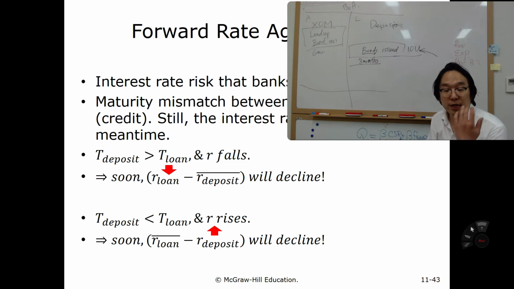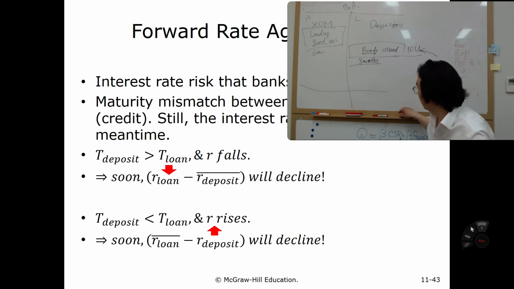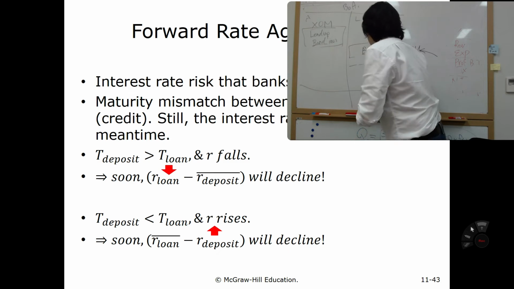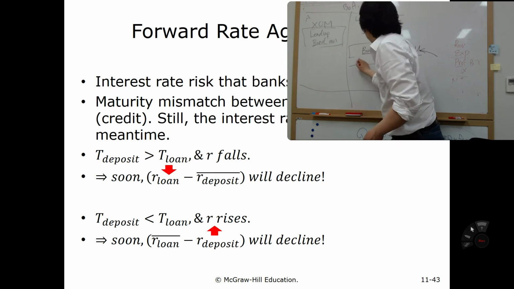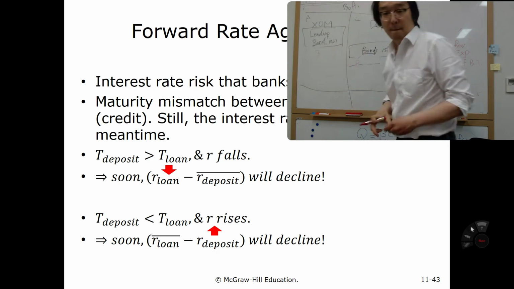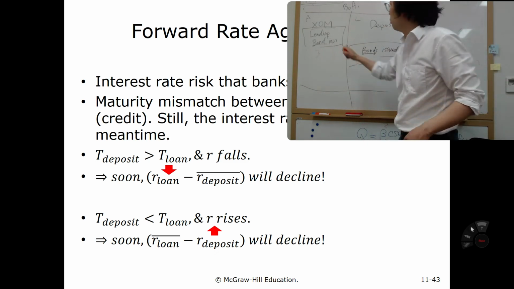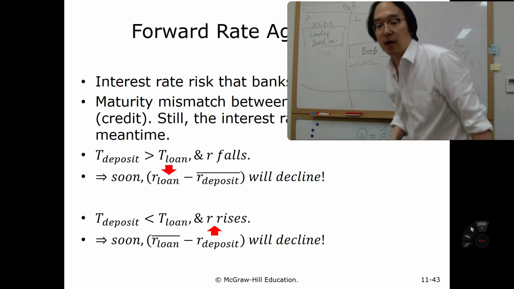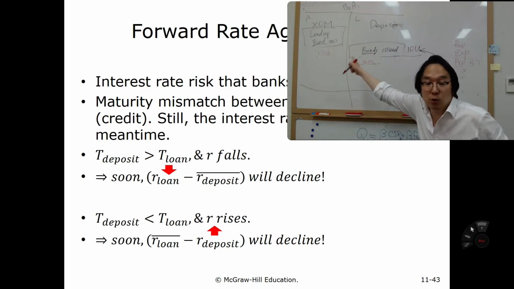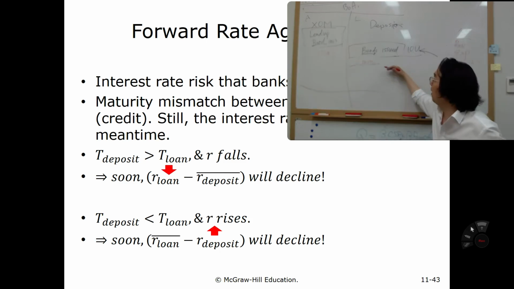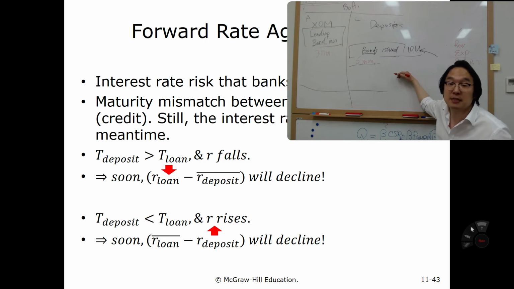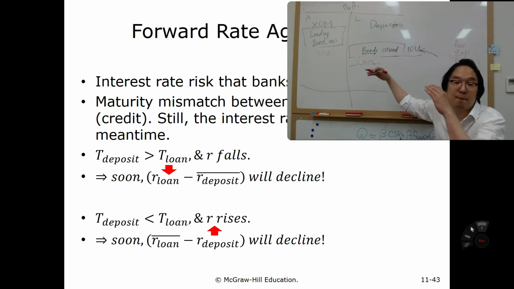Well, the interest on your loan matures in 3 months and 6 months, like this, right? So interest rate on loan will decrease while the deposit or your liability side interest rate will be fixed. It will be staying the same, okay?